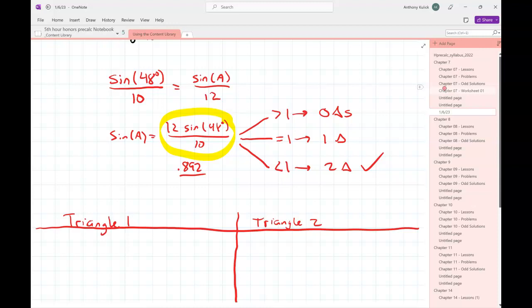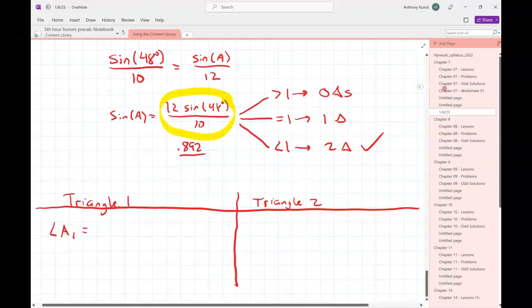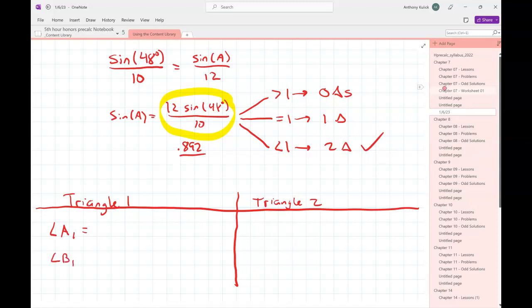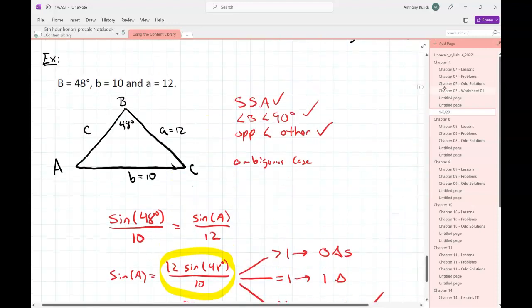So there's 3 things I need to find. I need to find angle A. I need to find side B and angle B. No, sorry, side C and angle C, right?